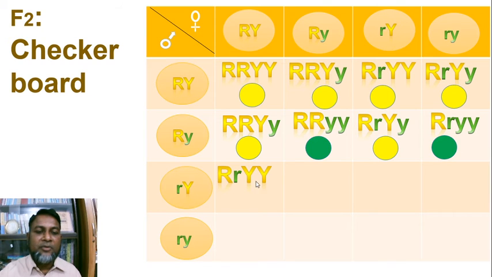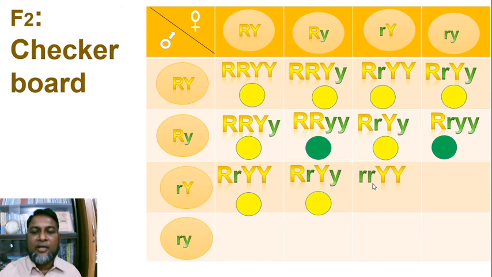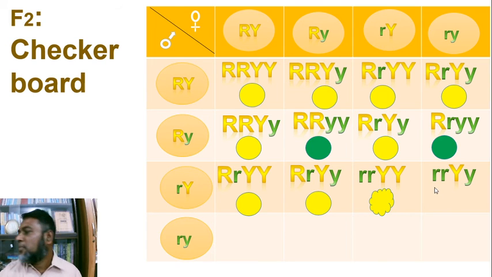Capital R capital Y: seeds are round and yellow. Small r capital Y: small r is a recessive character, so these seeds are wrinkled, but capital Y expresses yellow color. Here also small r, capital Y: so seeds are wrinkled and yellow.